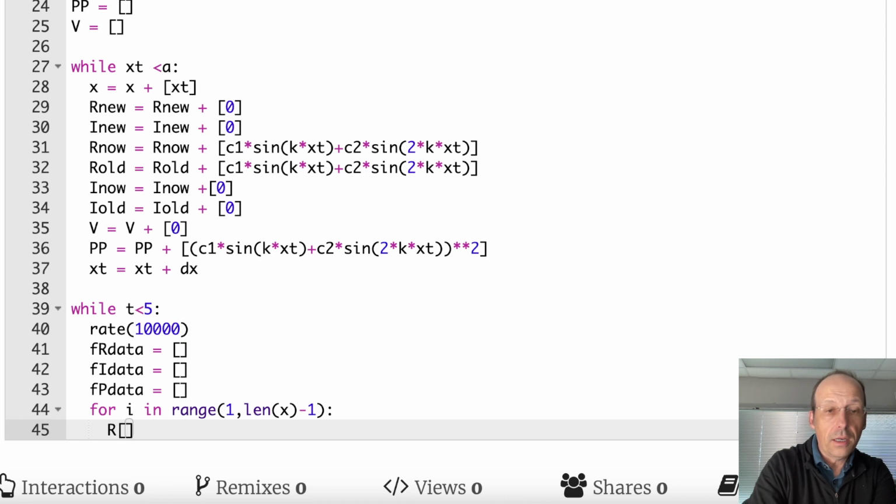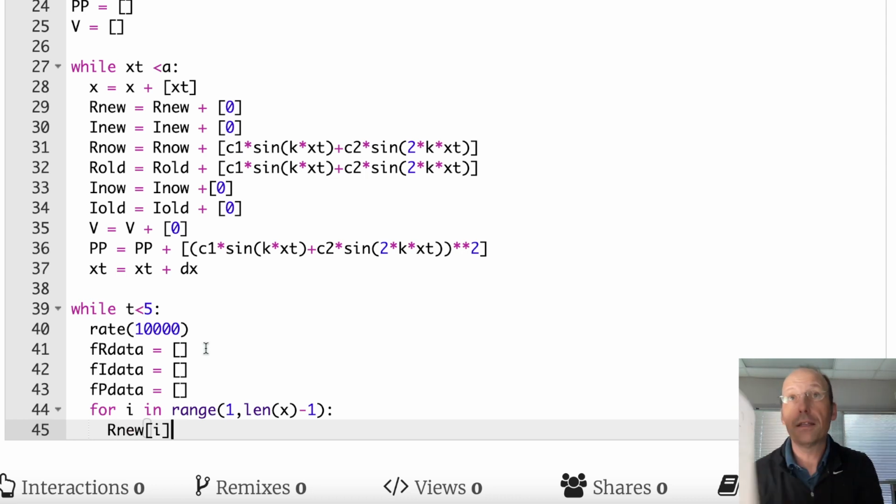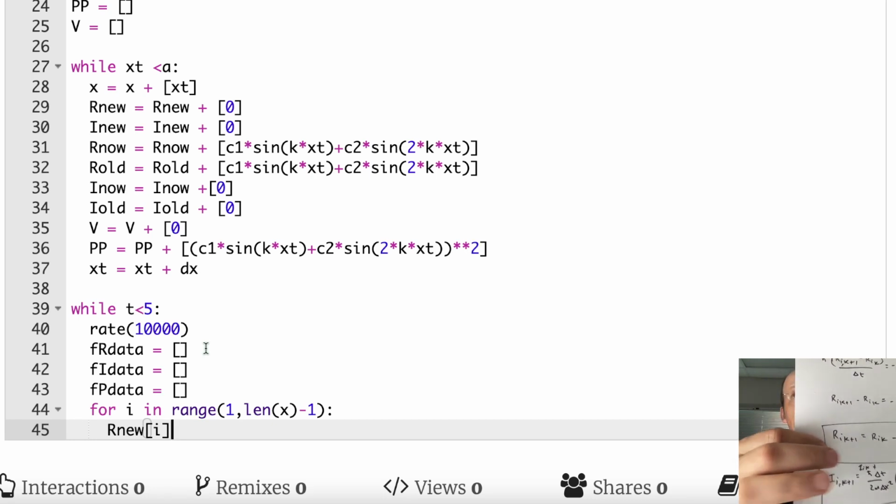R new i, because that is R_i at k plus 1. So it's new.